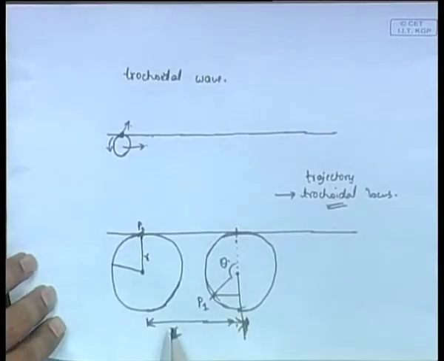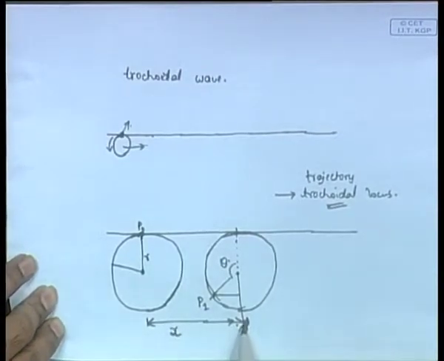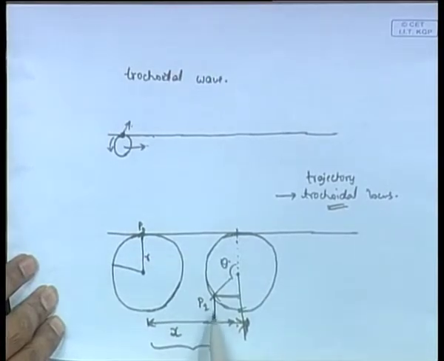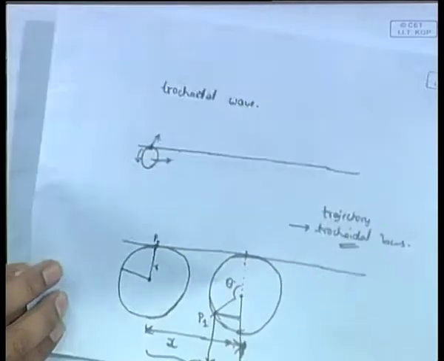We are not bothered about what happens at the center of the circle. The distance through which the particle has moved at any instant is x, the distance through which the center has moved, minus this distance. So, you get the distance through which the particle has moved.